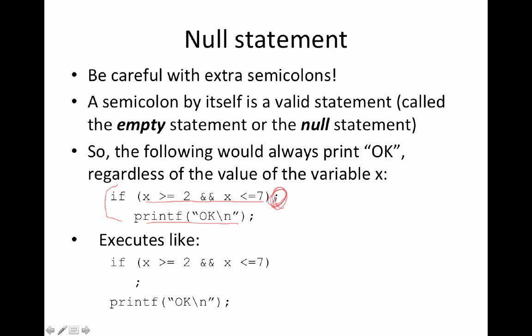Otherwise, we skip doing nothing. So pretty much we do nothing. And then we're going to print OK regardless. So again, it sort of executes like this. If the value of the expression is true, then that's the action that we're going to execute, or skip if the value of the expression is false, and then we're going to print OK regardless. So again, be really careful. Don't put an extra semicolon after the condition in an if statement, because that is going to become the action.